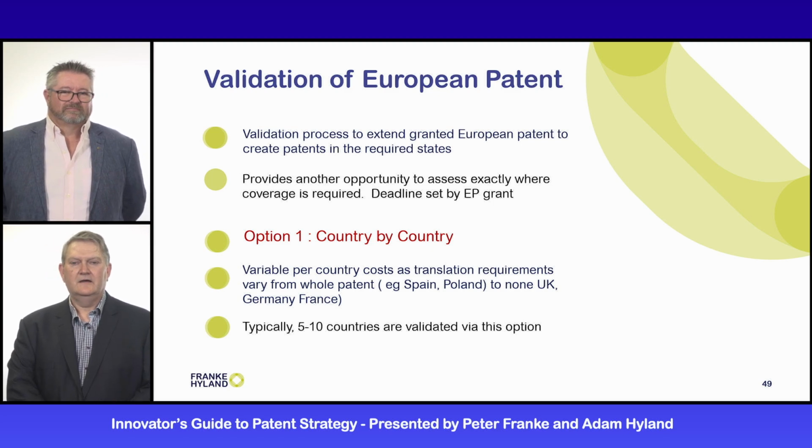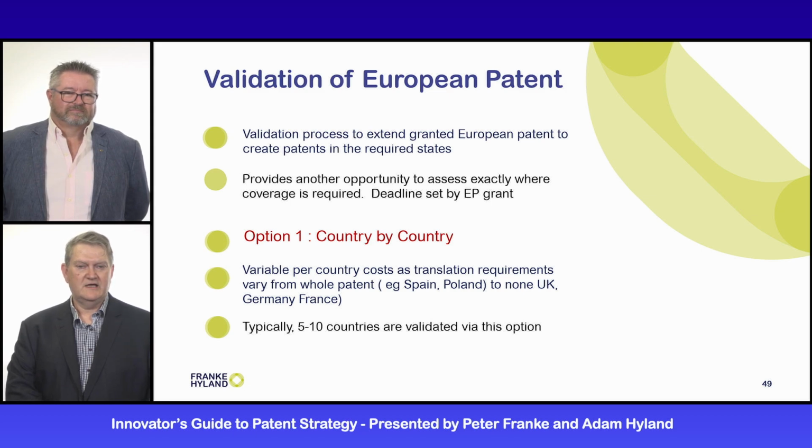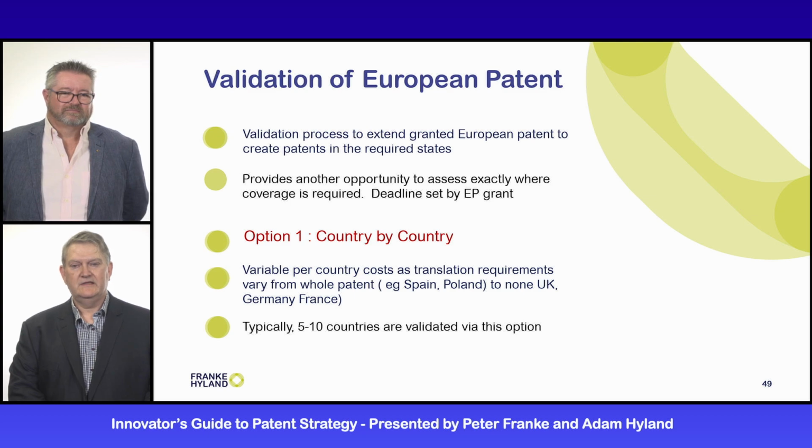So you then have to decide where you want to validate, and then you go back into that same process in part that we talked about in terms of picking countries, working out where's important, looking at where your competitors are, where your markets are. And there's really two basic ways to go about validation. The first option is country by country, so you just pick which countries you want. Some of them are fairly inexpensive to do the validation in, hundreds of dollars.